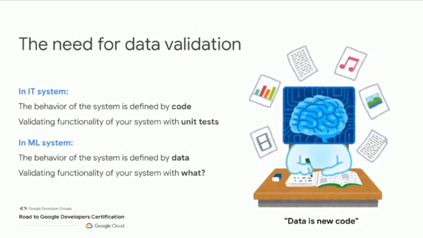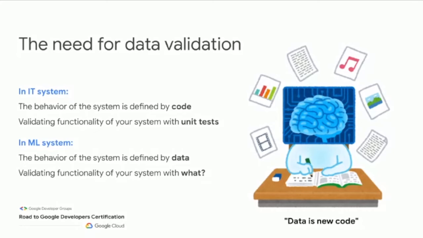So how can we be sure and confident of the output of our model? We really need a way to validate the functionality. But this is not code, we're using just data from the sets. So what can we use to validate the infrastructure that we set up is going to work?